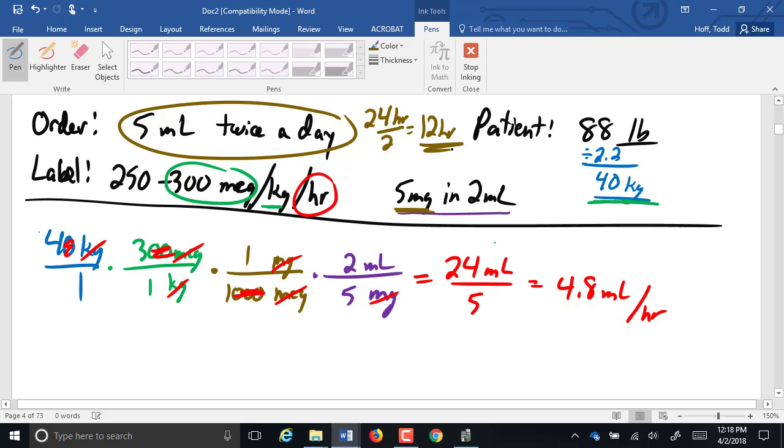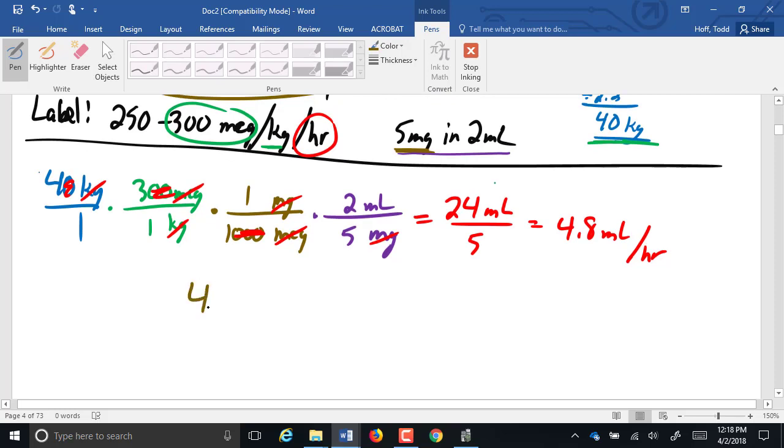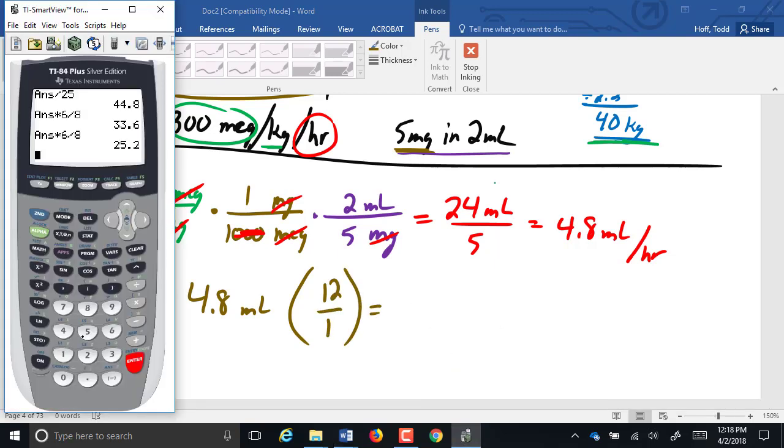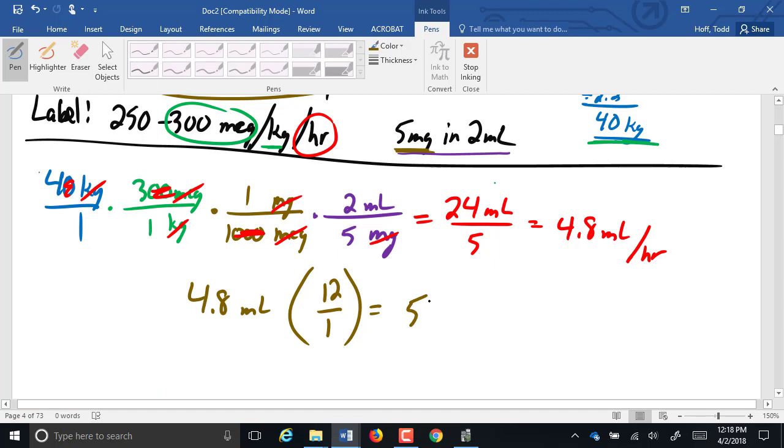So if this is 4.8 milliliters per hour, we need to know how much that would be over a 12-hour period. So we're going from 1 hour, so the 1 goes on bottom, to 12. So 4.8 times 12 is going to be 57.6 milliliters every 12 hours.